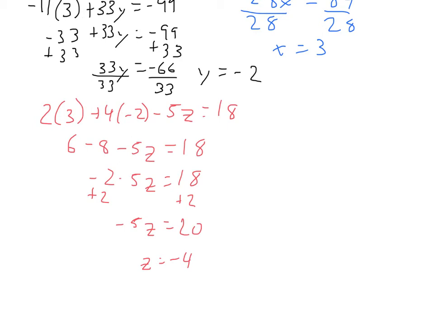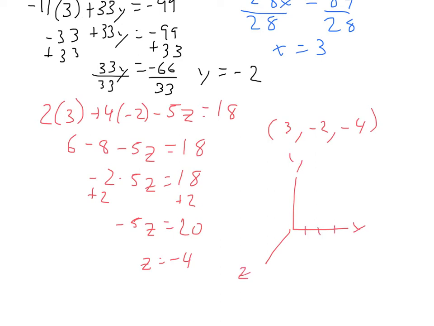So my ordered triple, the answer, the point where these 3 meet, is at 3, comma, negative 2, comma, negative 4. Again, if I was to draw that on an x, y, z axis, I'd go over 1, 2, 3 in the x direction.